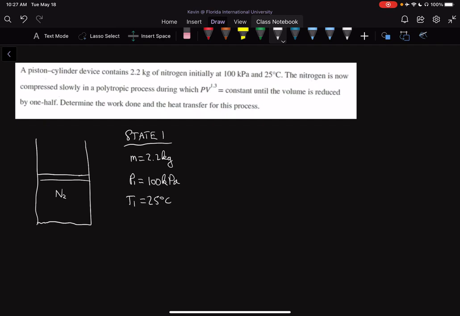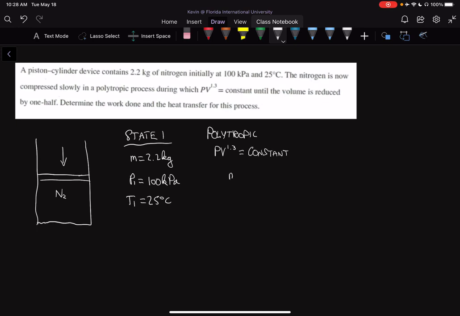Now, the nitrogen is compressed slowly, so we know the piston is going to go down. The nitrogen is compressed slowly using a polytropic process during which PV to the 1.3 is equal to constant. So we can say that we have a polytropic process, and we're given that PV to the 1.3 is equal to constant.